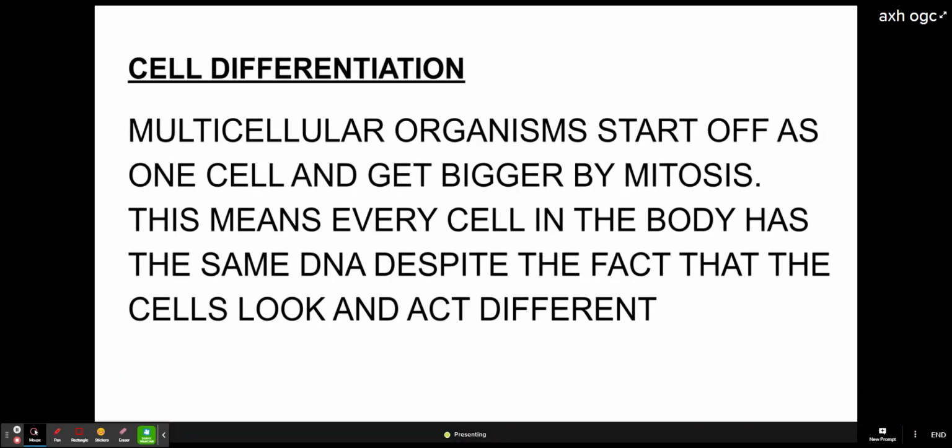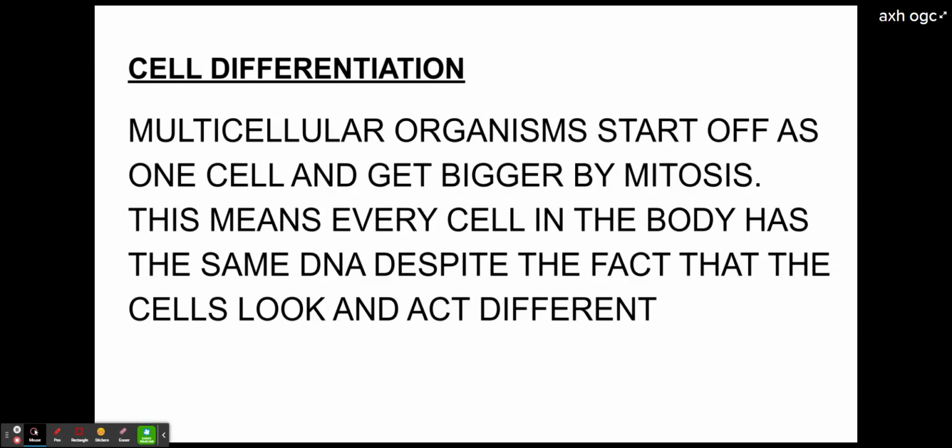All right, so how do we get from that sperm egg fusion to the multicellular organism that you have organs and tissues and your cells do all kinds of interesting things? Despite the fact that all those cells are created by mitosis.